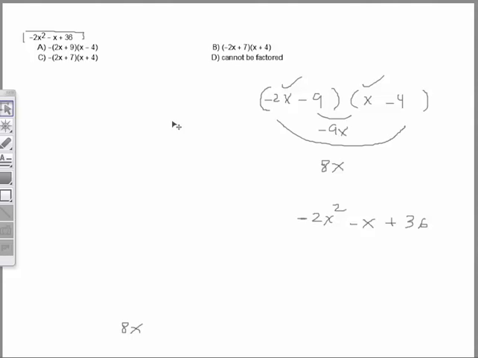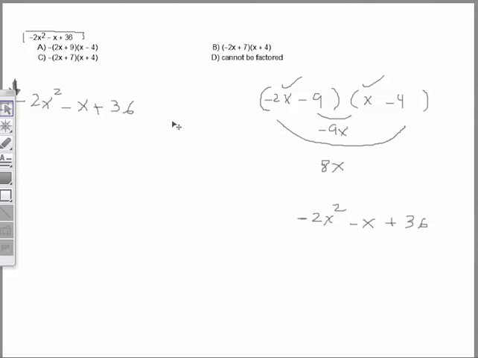So when you have a problem like this, that was a very good process to go over to see how to factor this. If I have minus 2x squared minus x plus 36, this minus is a little confusing. That's why we had all this trouble to find the right combination. So what if you just factor a minus 1 out?